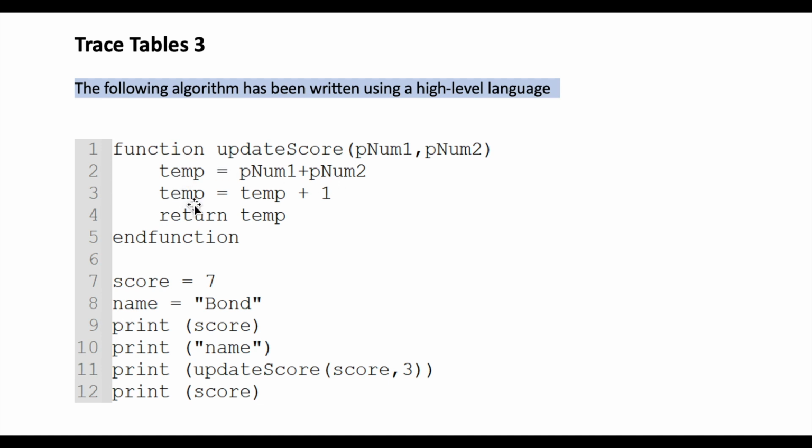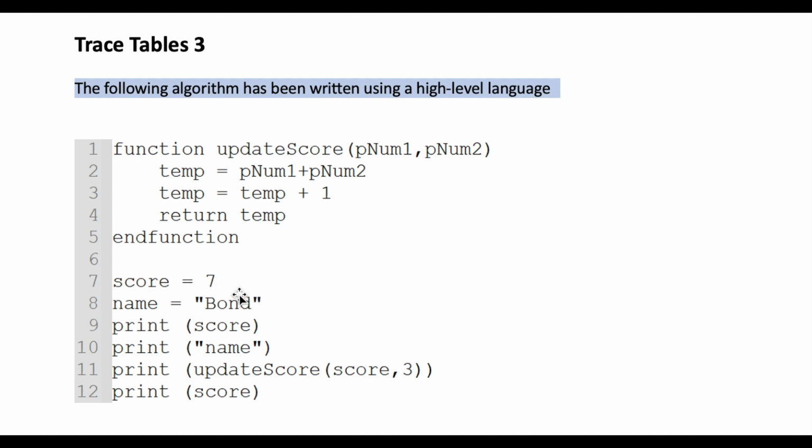We're then saying temp is assigned the value of temp plus 1. Now, in exam questions, sometimes they use the word increment. Increment just means add 1 to the contents of. I've seen that in recent exam papers, so bear that in mind. And then because this is a function, we're using the word return, and we are returning the value of temp.